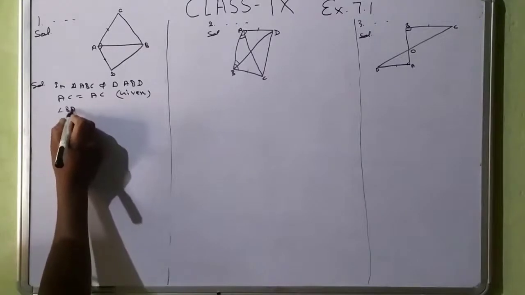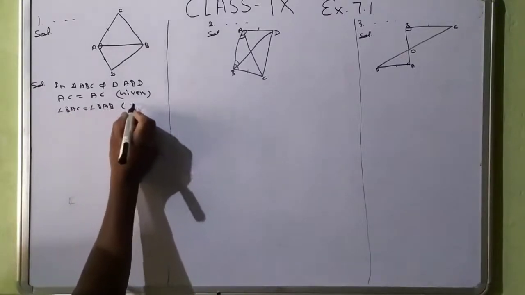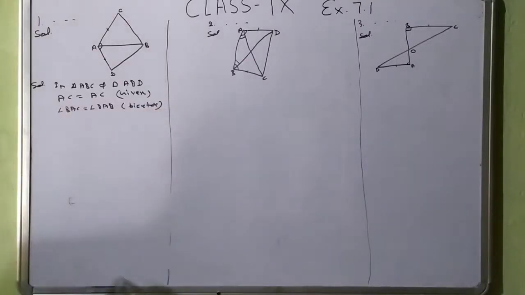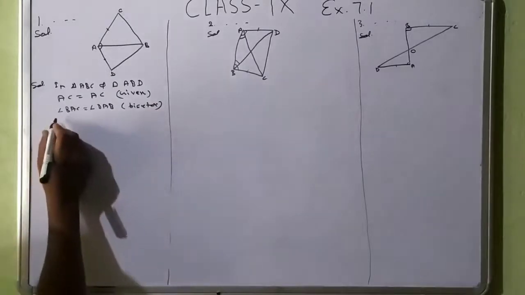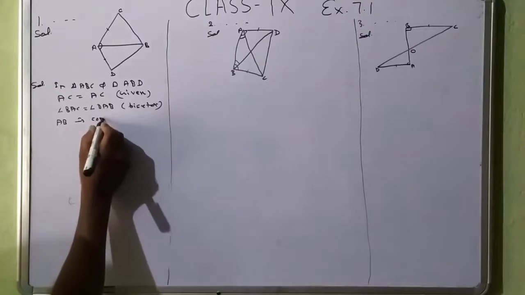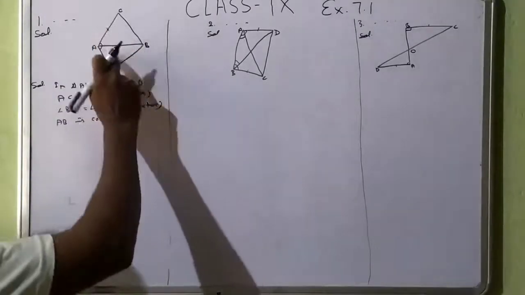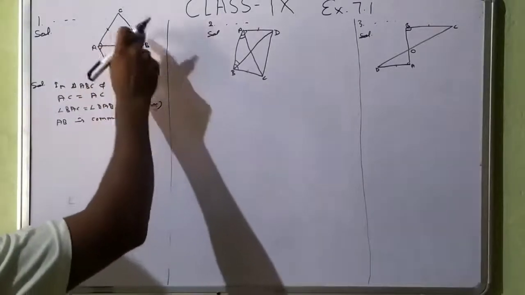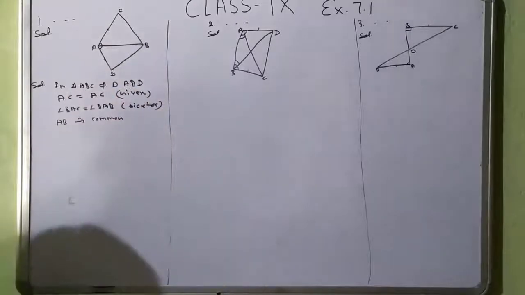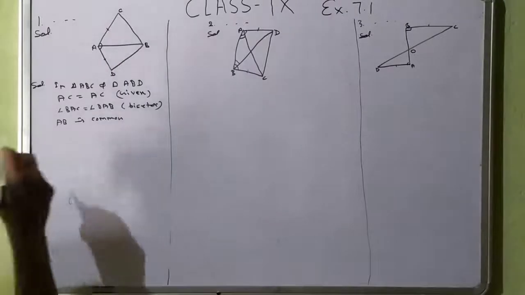Angle BAC is equal to angle DAB by bisector, and then AB is common. How is it common? AB is a part of both triangles, so AB is common.